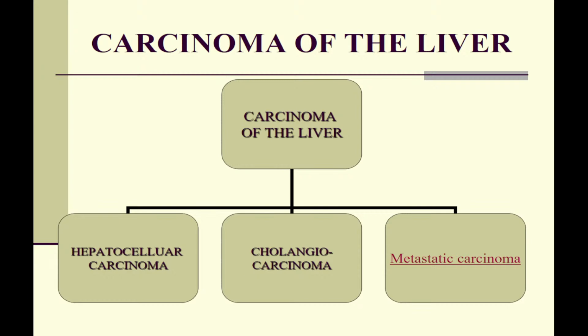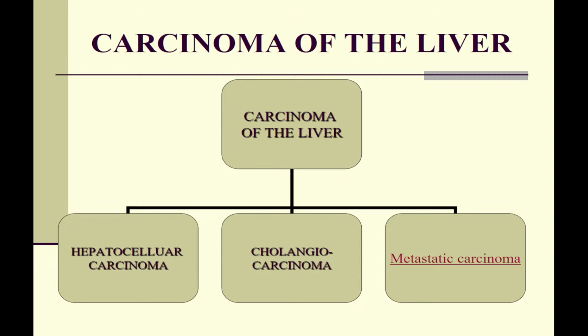Carcinoma of the liver. There are two classifications of carcinoma of the liver. The first is primary liver cancer, and the next is secondary liver cancer. Secondary liver cancer means metastasis in the liver from other organs.